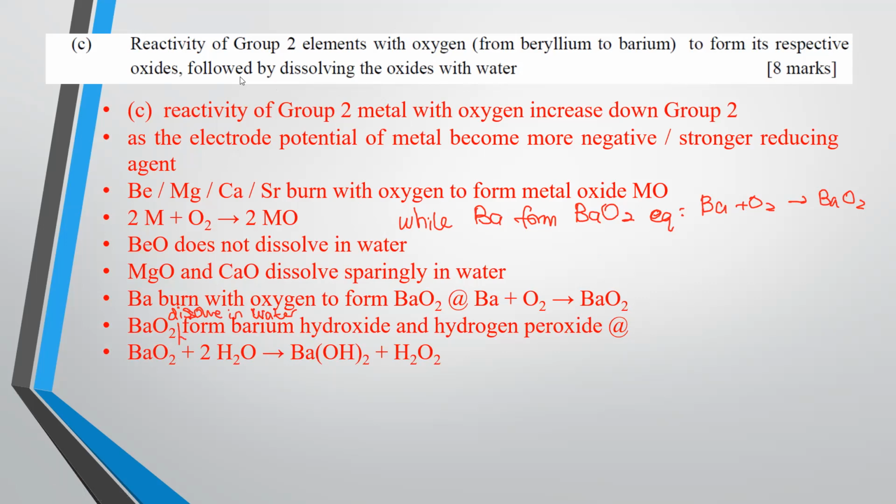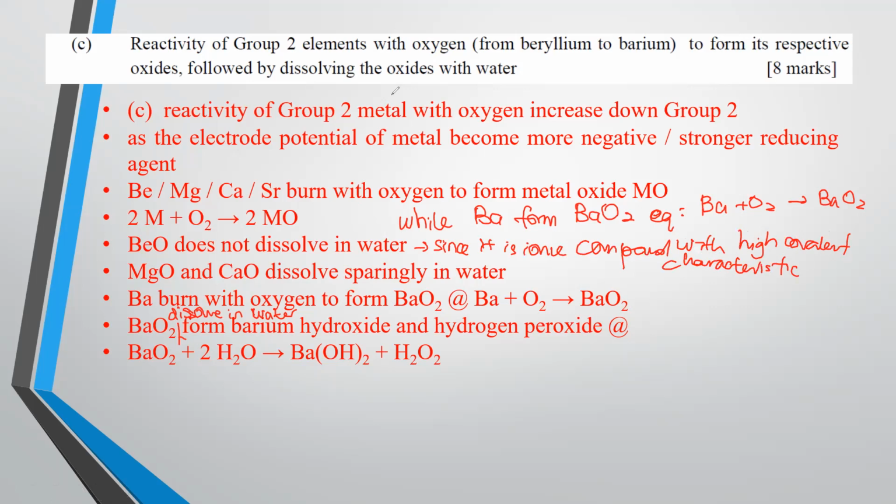Maybe you want to reason why the oxide does not dissolve in water, since it is an ionic compound with high covalent character. So you might want to explain all that. So that is what happens with this one.